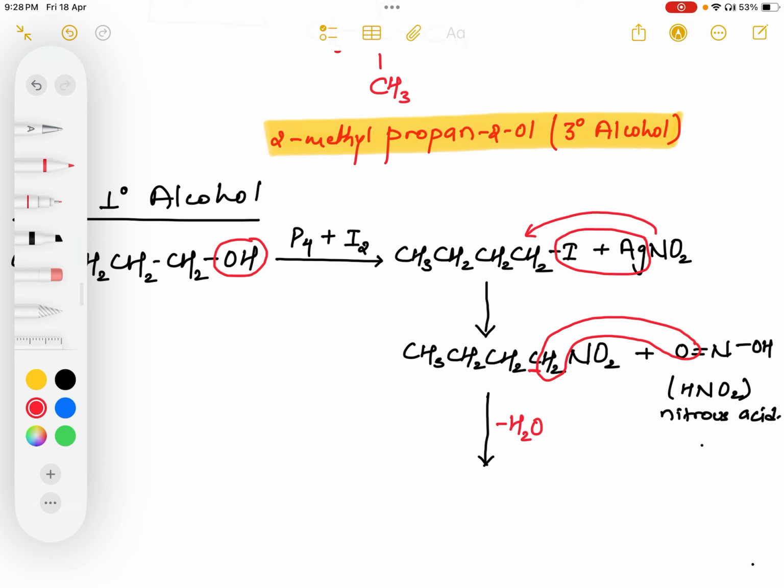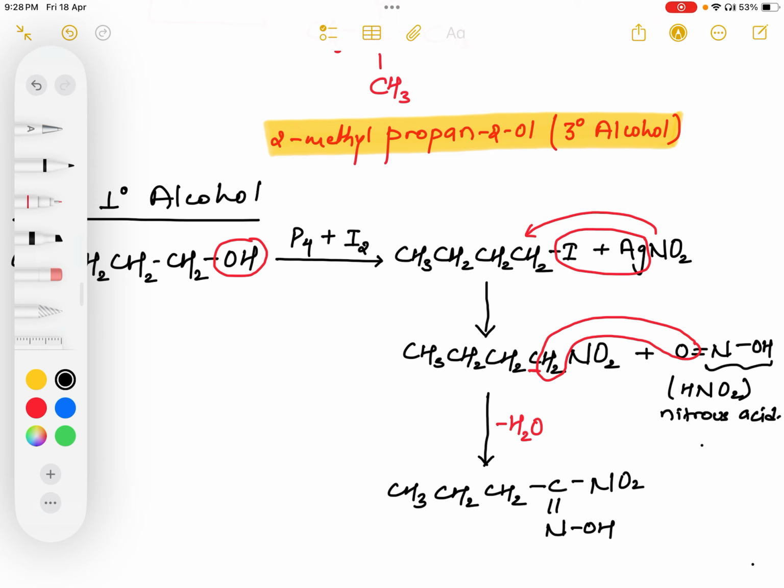What will be the product from that? It will look something like this: CH3, CH2, CH2, C, double bond O, and there will be, sorry, double bond N. This entire group will come and attach there, double bond NOH, and here we have attachment of the NO2 group.